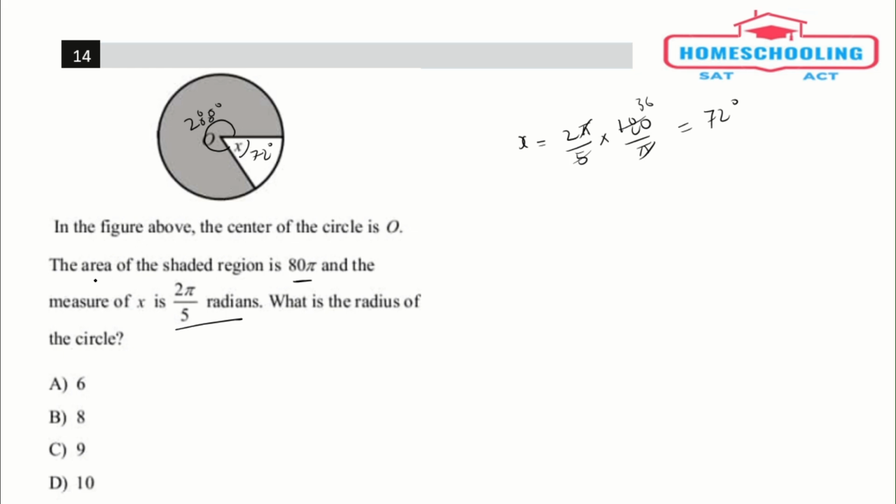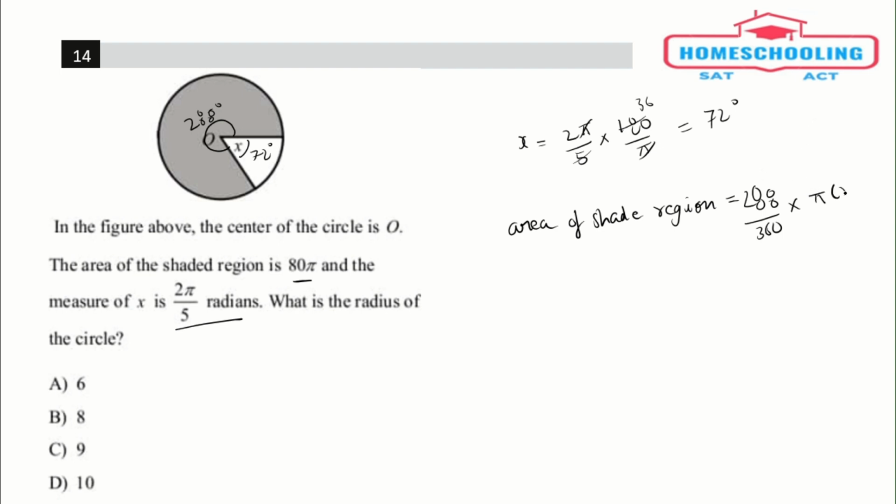In the question, the area of the shaded region is given. The area of the shaded major sector would be theta by 360 into pi r square, so 288 by 360 into pi r square.